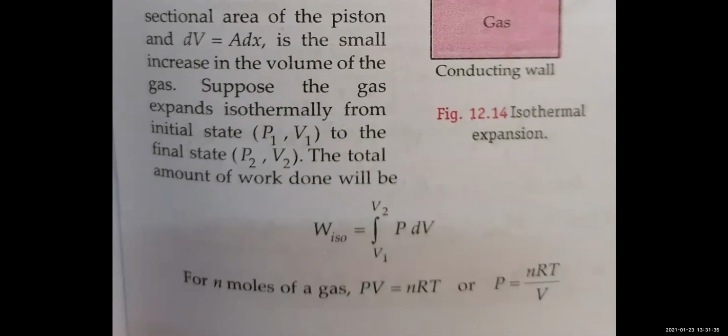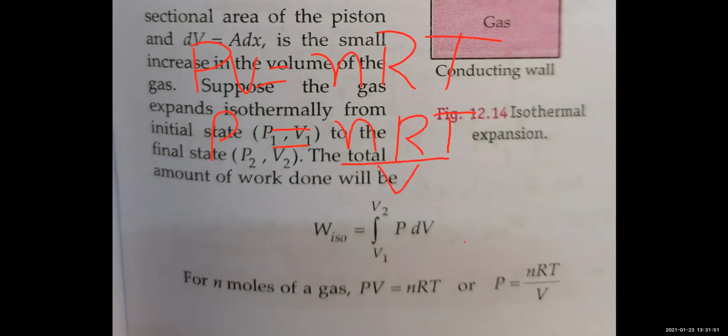Now we know the ideal gas equation is PV equals nRT, right? From this, children, we can get the value of P. Make P the subject of the formula: P equals nRT upon V. Now children, n is constant, R is constant, and temperature we are keeping constant because it is an isothermal process. So this value of P we will substitute over here.